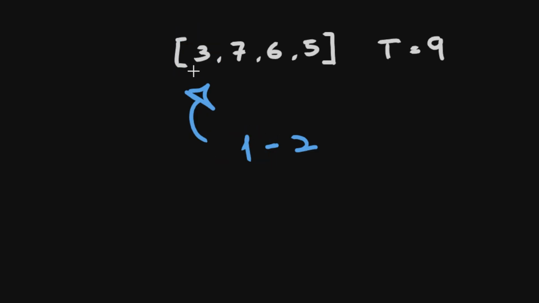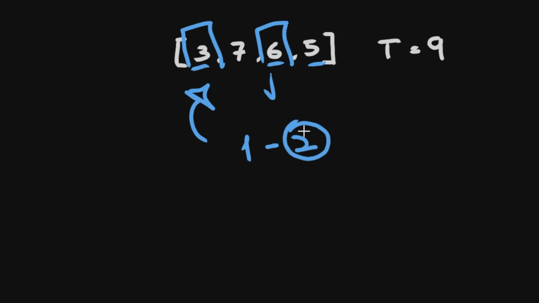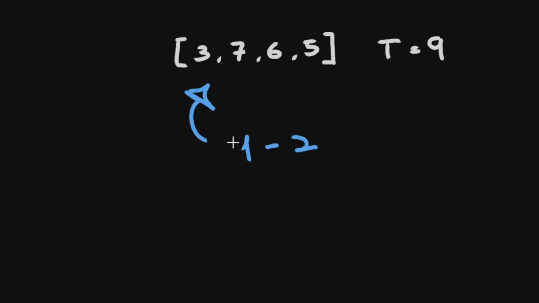Now if we take the subsequence 3, 6 and 5 for example, we only care about the minimum element and the maximum element. And 6 plus 3 is 9, so this is also valid. And here we only care about 2 elements. So the conclusion is that for each subsequence we only care about one element or 2 elements as a maximum.